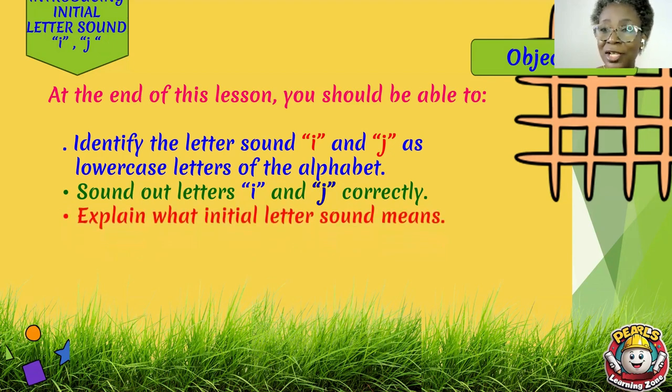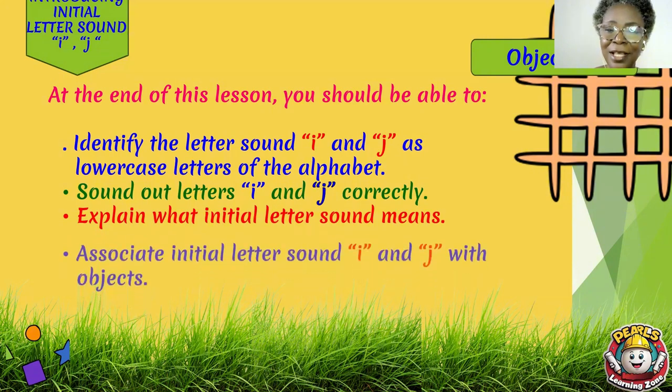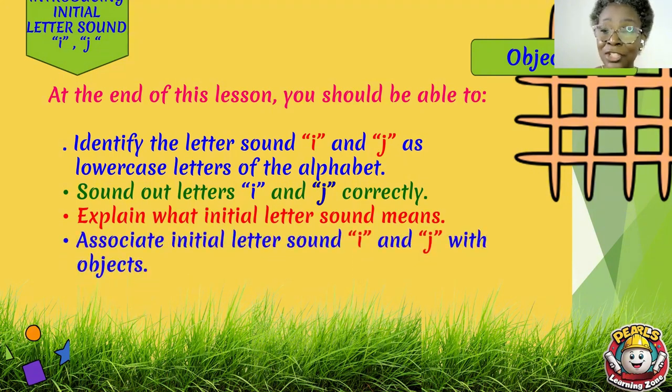Explain what initial letter sound means in your own words. Associate initial letter sound E and J with objects and some other things we need to find out in relation to the letter sounds we're learning today.